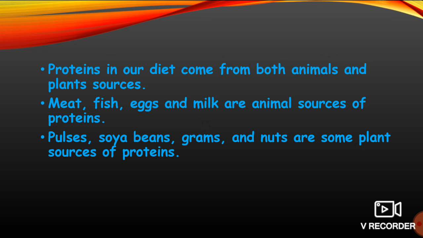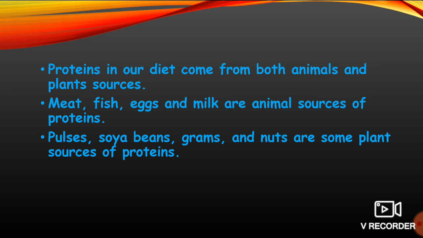There are some sources we are getting from animals. These proteins we are getting from animals like meat, fish, egg, milk. So these are animal sources, and there are some sources like pulses, soya beans, grams, nuts. These all we are getting from plants. Like we got fats from animals and plants both, in the same way we are getting protein from animals and plants both.